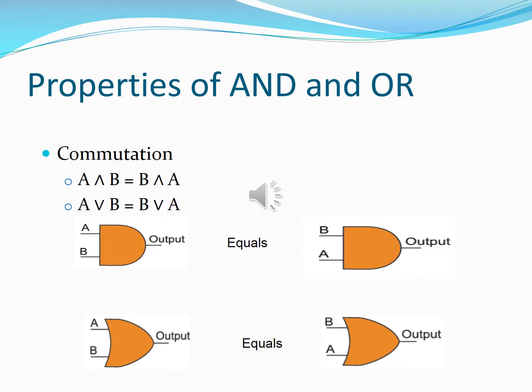When we apply commutation to the OR operation, we say A or B equals B or A. So you can see here that B and A exchange places. When we exchange places in the operation of OR or AND, we get the same result.